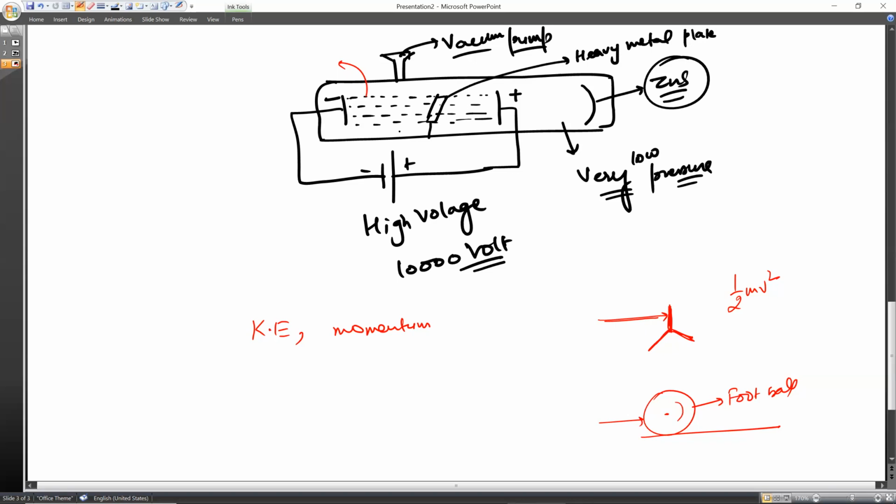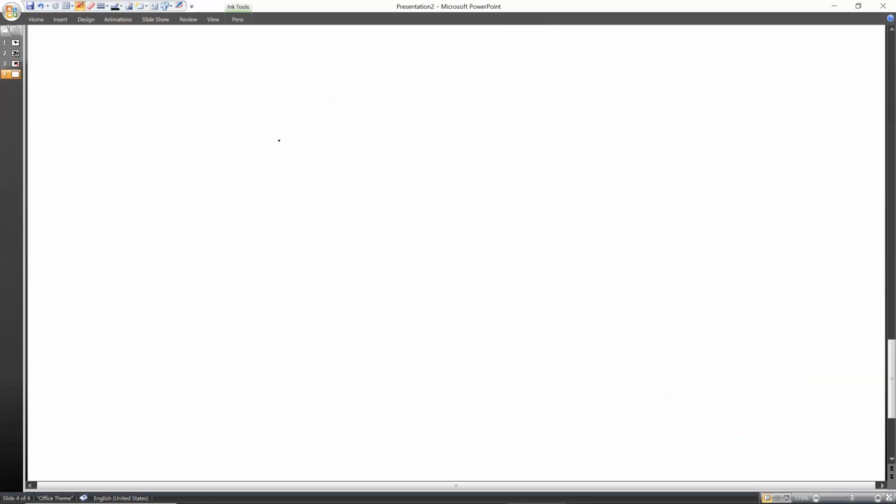And it can heat it. If you put a heavy metal plate, it can heat it. Heating is only possible if the particles have potential energy. So we can say that these particles have potential energy. Moreover, the very important thing is: how can you recognize that these are charged particles?